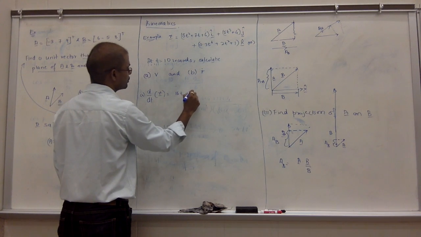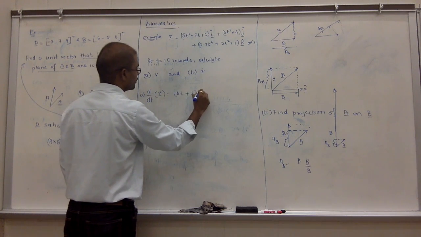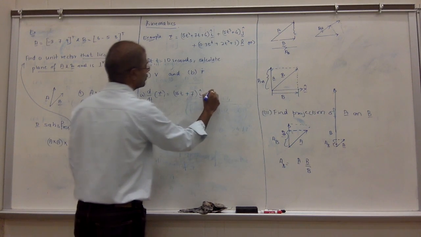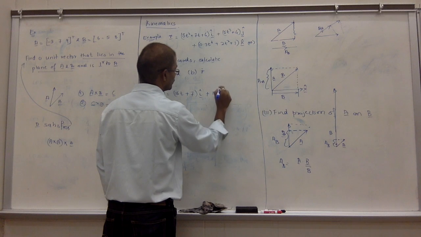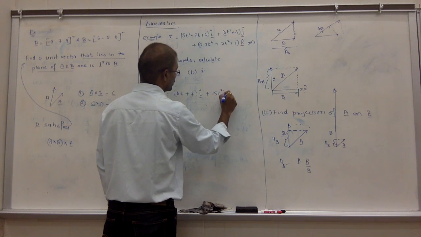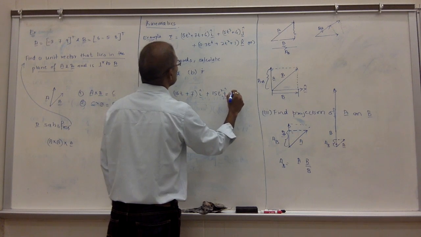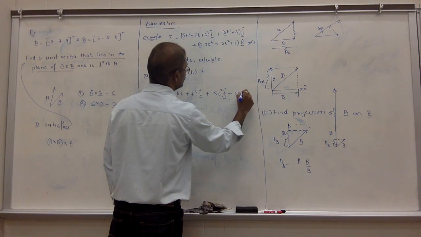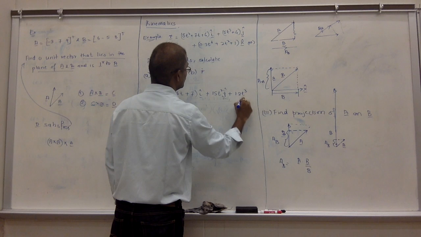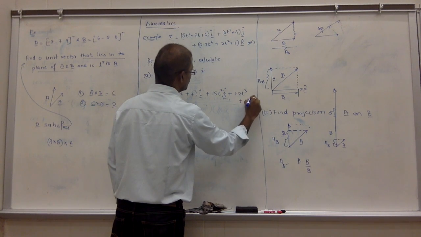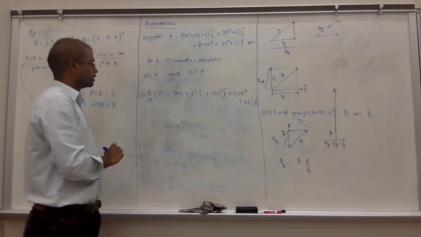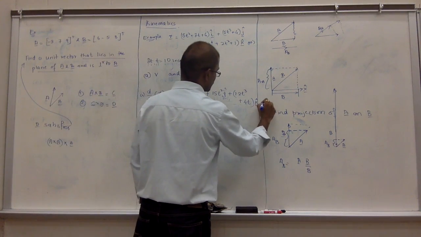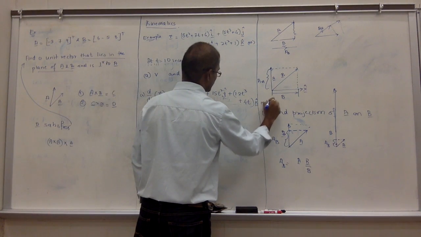That is 16t plus 7 i, plus 15t square j, plus 1.2 t cube plus 4t cube. This is meters per second.